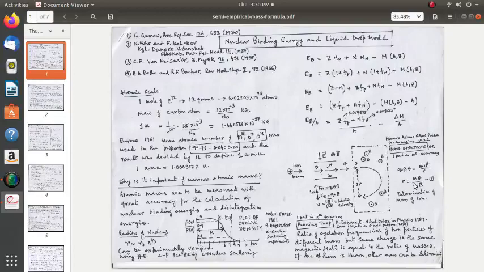So if you know the momentum and you also know the velocity, then you can determine the mass of the ion. So this type of mass spectrometer, Francis Aston worked on this for many years, and he finally was able to develop a mass spectrograph which could measure the masses of nuclides up to an accuracy of 10 to the power minus 6.